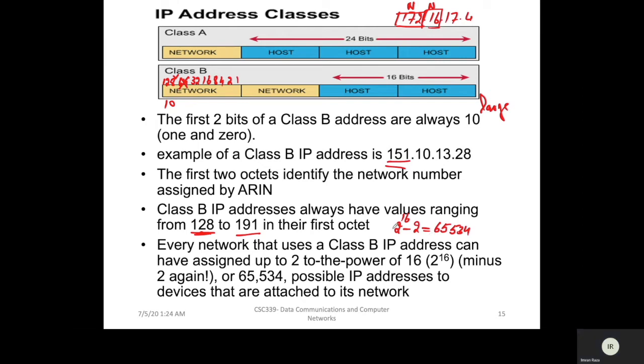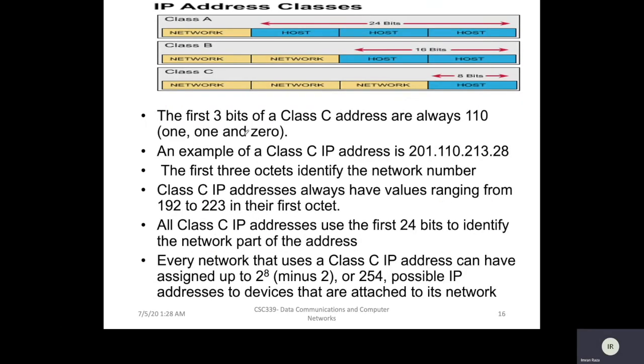Okay, and now let's talk about class C. In class C, the leftmost 3 bits are always 1, 1, 0. This means 128 is always on, 64 is always on, and we never use 32.